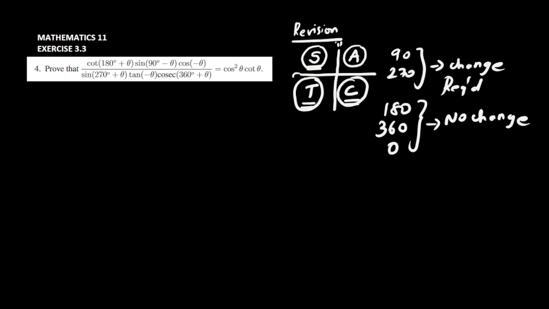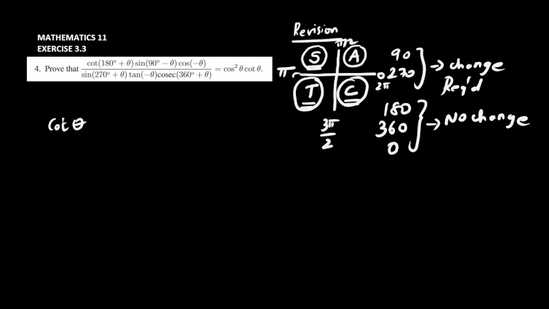So this is pi by 2 or 90, this is pi or 180, this is 3 pi by 2 which is 270, and this is 0 or 2 pi. So 180 plus theta is in the third quadrant, where tan is positive, so it's positive. Because it's 180 you don't have to change the function, so it's cot theta, and it's positive because it's in the third quadrant.